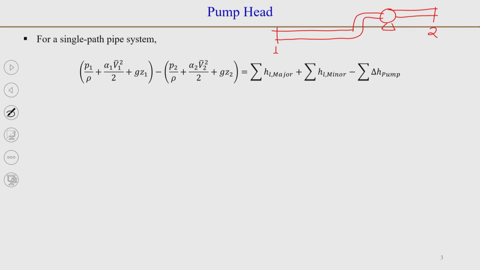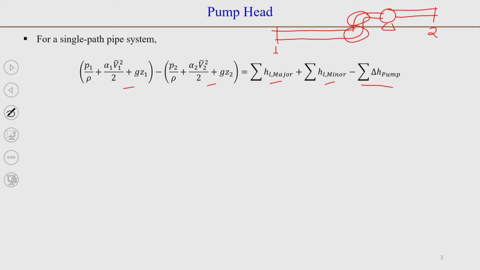So, you can say that the mechanical energy at point 1 minus mechanical energy at point 2 will be the total major losses in this pipeline plus total minor losses, for example, minor loss here and here and other minor losses if they are present, and minus delta H, which is the pump head.